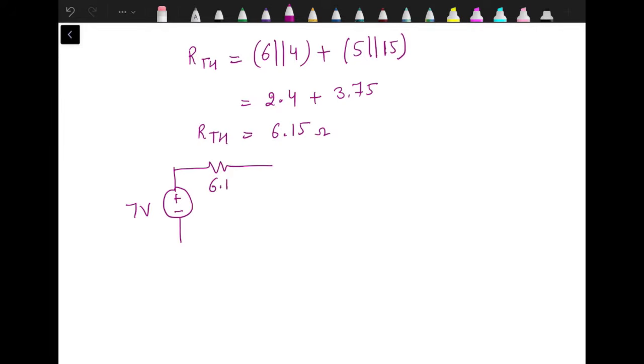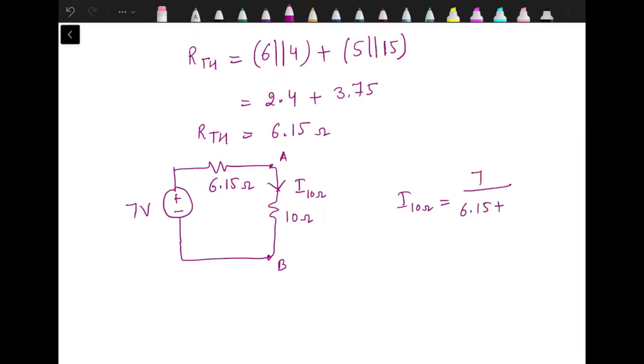Then we have the 6.15 ohm RTH, terminals A and B, where we are going to connect the load resistance, that is the 10 ohm resistance, and we have to find the current through this 10 ohm resistance. This I through the 10 ohm is now 7 by 6.15 plus 10, and that is 0.433 ampere.